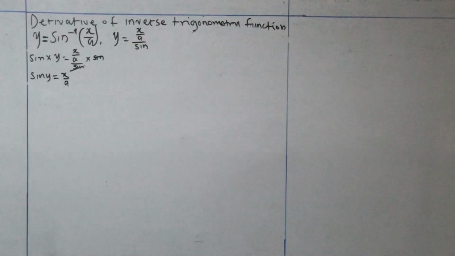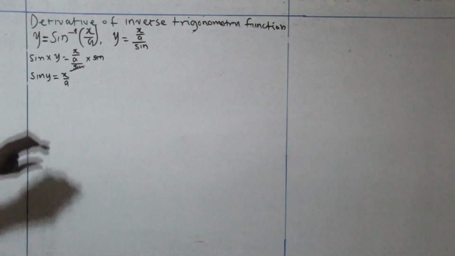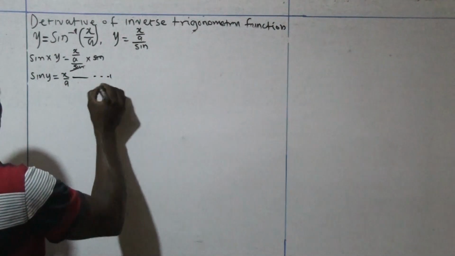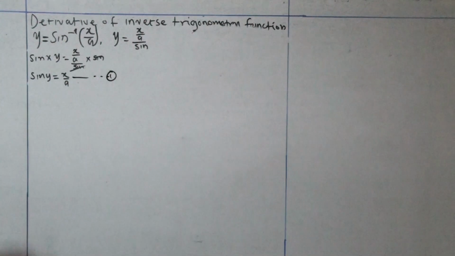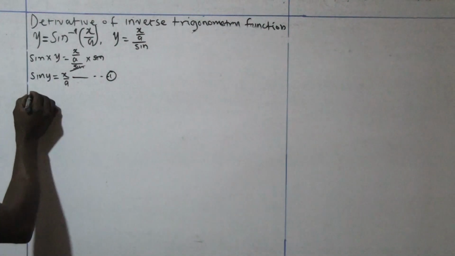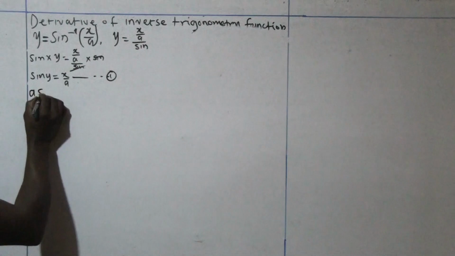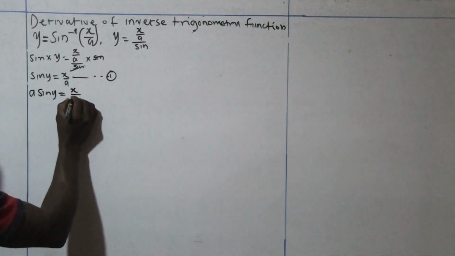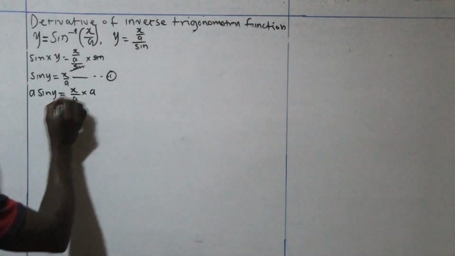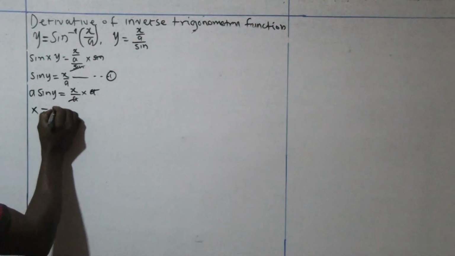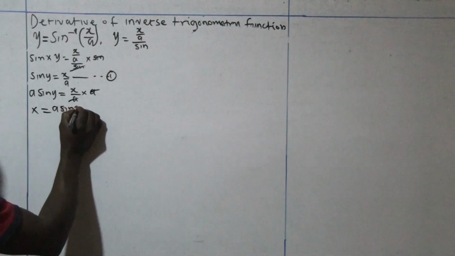Then from equation 1, we multiply both sides by a, so that a sine y is equal to x over a times a, so this cancels and x becomes a sine y.